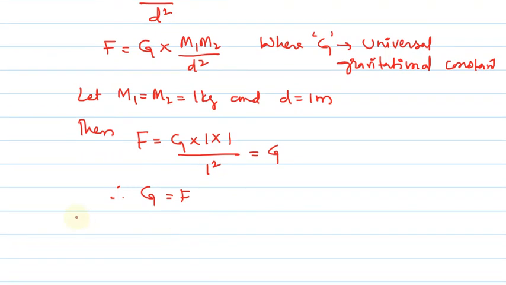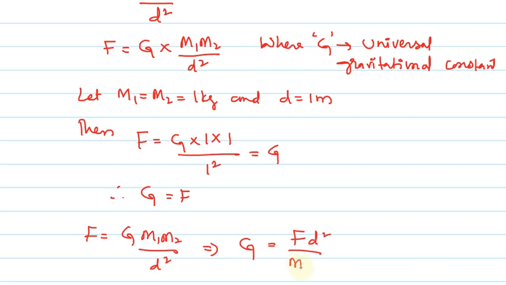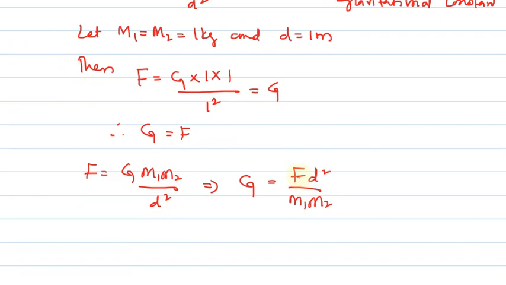Now let us see the units of capital G. From the expression we got just now, F is equal to capital G M1 M2 upon d square. If we take capital G as the subject, we can write this as F d square upon M1 M2. The unit of force in the SI system is the newton.